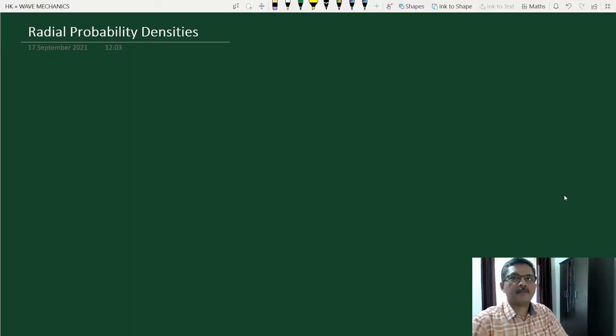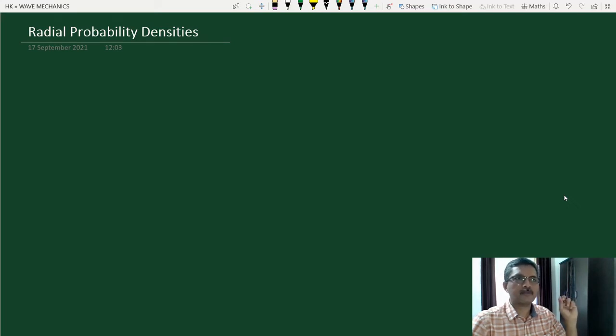Okay, in this class we discuss the probability densities of finding the electron in the hydrogen atom. This probability density of the electron depends on two sets of variables. One, it depends upon the radial variable, and secondly, it depends upon the angular variables theta and phi. So we will discuss these probability densities in two sessions.